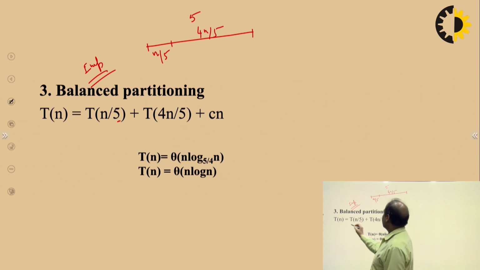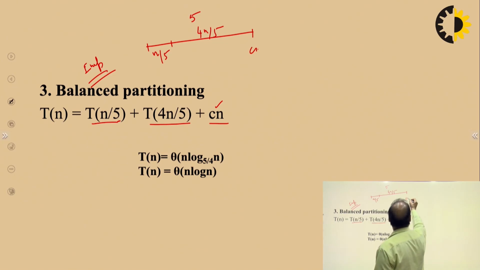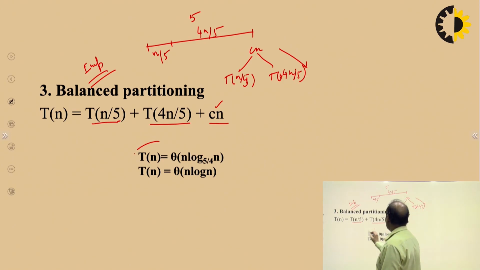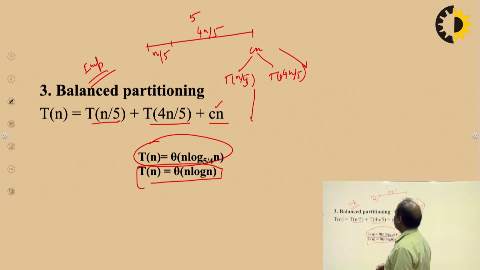So if you take T(n/5) plus T(4n/5), plus the number of times you are calling the partition, and use the recursion tree method for solving this, we will see the solution. If we start taking the longest route, the solution of this recursion tree is n log n, which is going to be approximated as this. So this is an important method when we are talking about balanced partitioning.